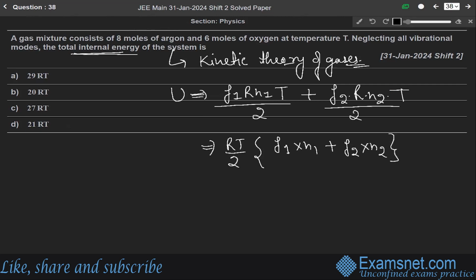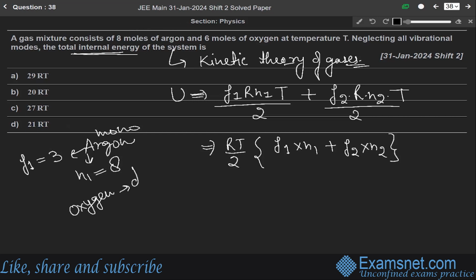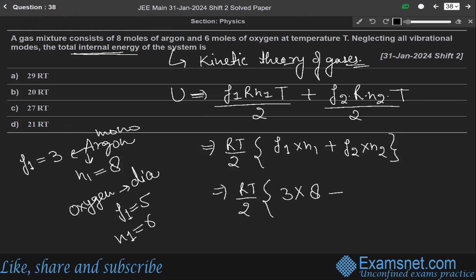Since this is argon gas, n1 equals 8, and argon is a monoatomic gas, which means degrees of freedom is 3. And oxygen is a diatomic gas, which means degrees of freedom is 5, and the number of moles is given as 6. So we write RT by 2 into f1, which is 3, into n1, which is 8, plus f2, which is 5, and n2, which is 6.